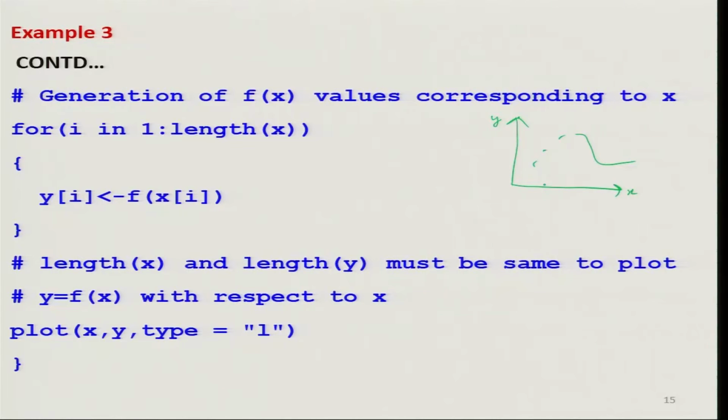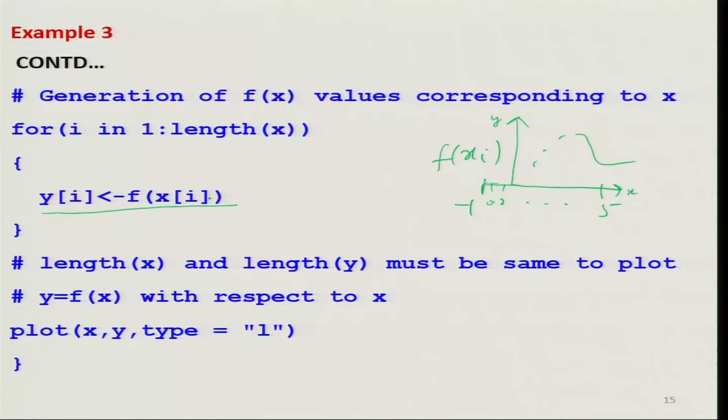The values of x are given to us, starting from -1 to 5 at an interval of 0.2 and so on. Based on that, I generate the value of yi, which is going to store the value of f of xi. So, I write y inside the bracket i is f of x of i.